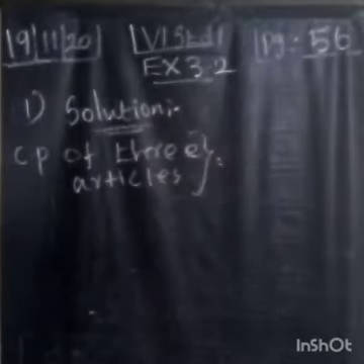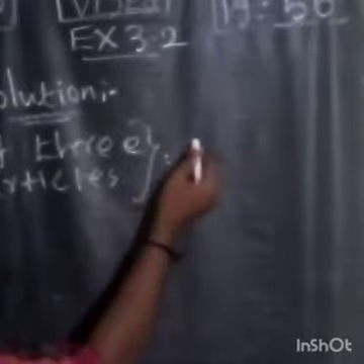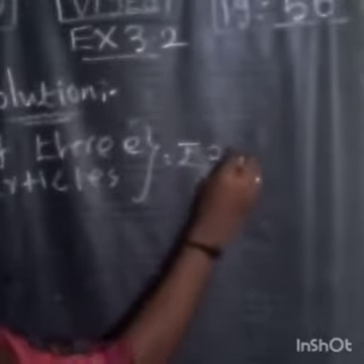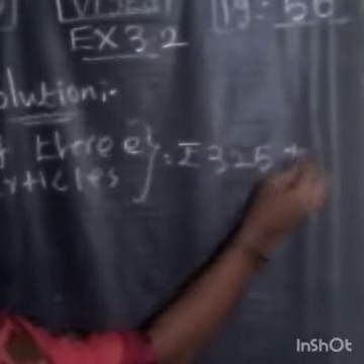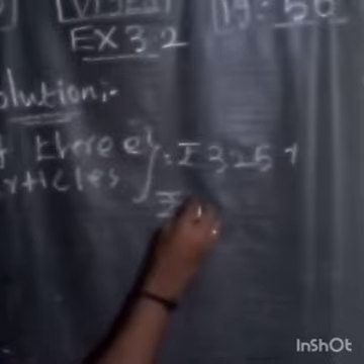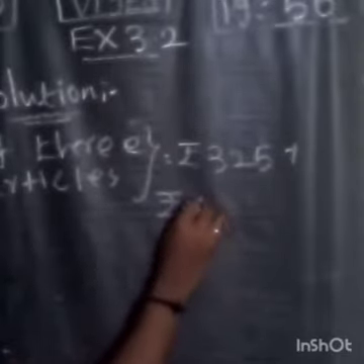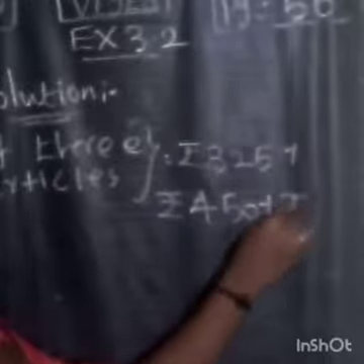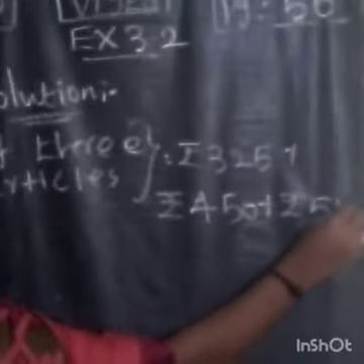The prices are rupees 325, 450 and 510. Here we are adding all these values, so we get rupees 325 plus rupees 450 plus rupees 510.